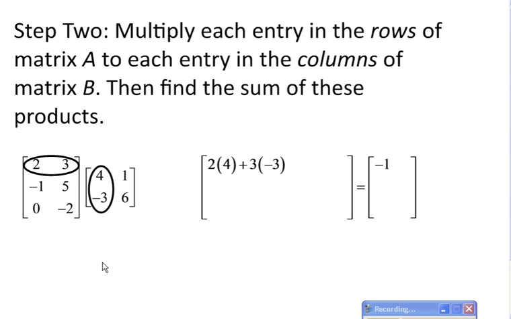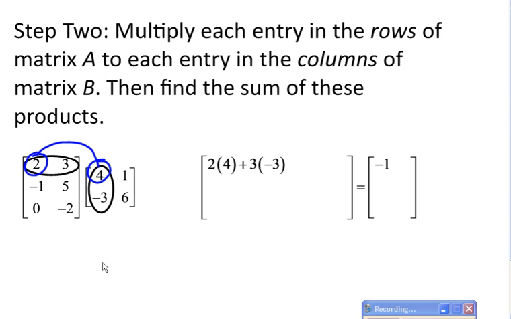Step two is to multiply each entry in the rows of the first matrix by each column of the second matrix. So we're going to multiply 2 times 4, and that will put us into the first row and first column.